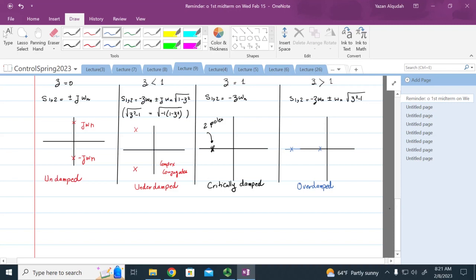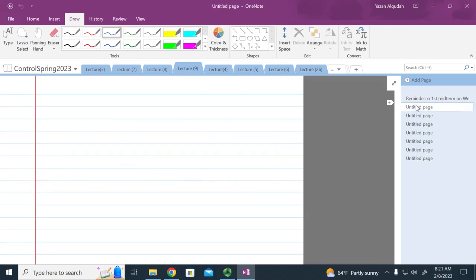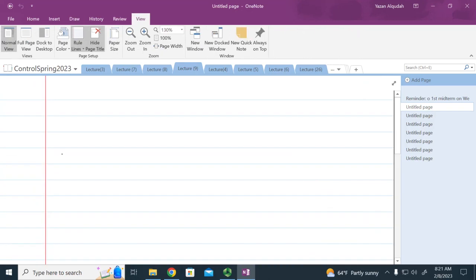So let's look at the response of the system and explain why we're calling this underdamped, why we're calling this critically damped, why we're calling this overdamped. To do that, we're going to come to our system and look at the response of the system when we're applying a step.